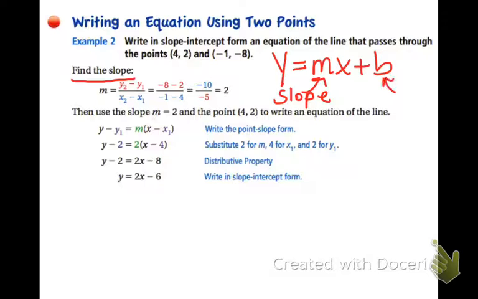B is your y-intercept, and this is the place where x is equal to 0, meaning that it crosses the y-axis. So everything that we've done leading up to this point, when I've asked you to write the equation of a line between 2 points, I've always given you the y-intercept as one of the points. Well, today you're going to practice a skill where you're not given the y-intercept. You have to calculate it using the point-slope form, right here, of an equation.